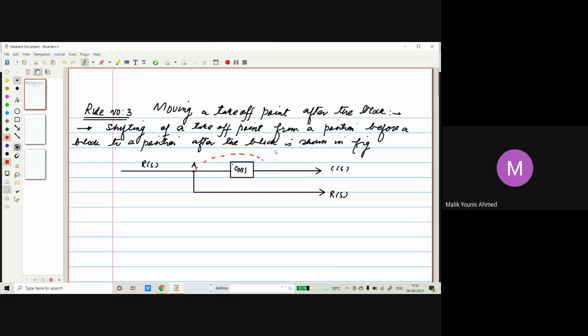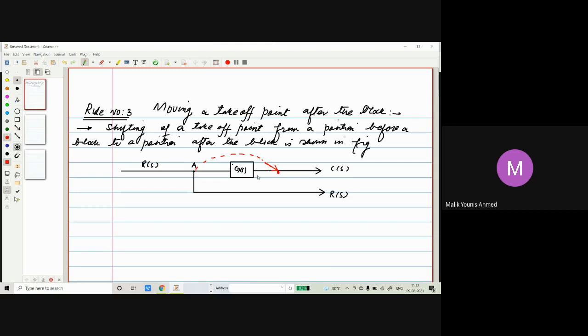That means somewhere here. Let's say this is the point where we need to move it.